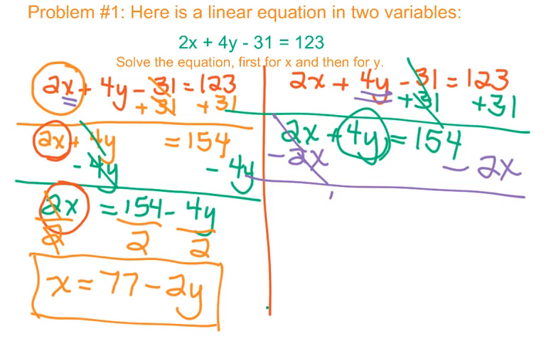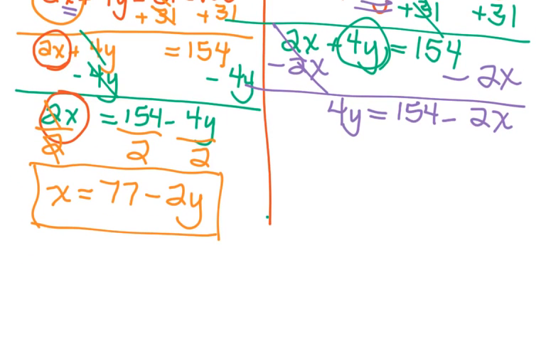Therefore, I am left on the left-hand side with 4y is equal to 154 minus 2x. Again, I'm going to continue to solve for 1y by dividing everything on the left by 4 and on the right by 4.